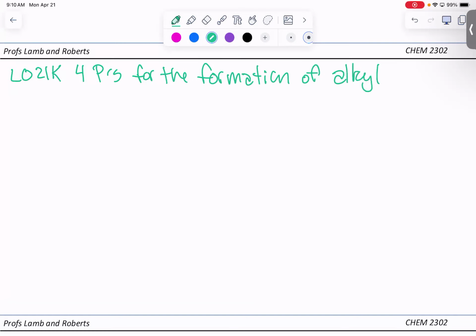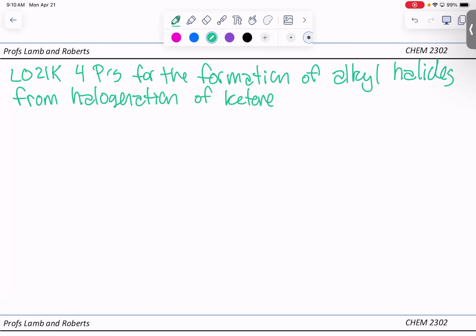Right, we use alkyl halides all the time. Here's one way to make them. And this is going to be from halogenation of ketones, or aldehydes if we have the correct type. You'll see what I mean. And if you're following along in the book, this is 21.6.